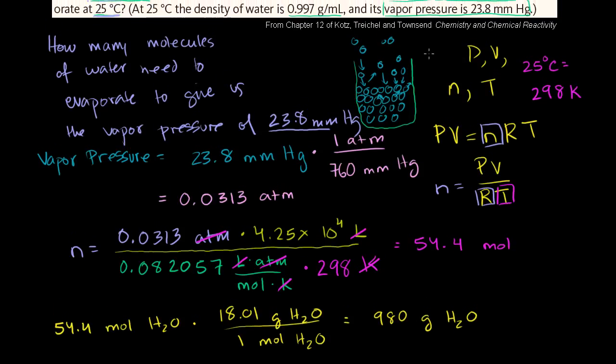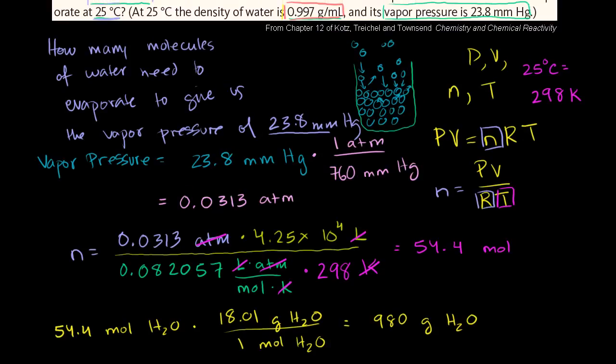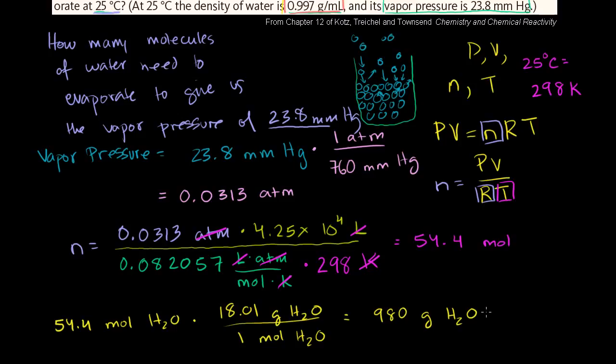So they tell us the density of water right here. 0.997 grams per milliliter. Or another way you could view this is, for every 1 milliliter, you have 0.997 grams of water, at 25 degrees Celsius.